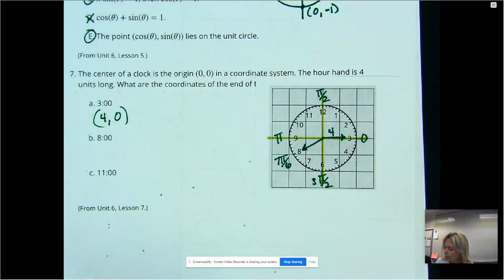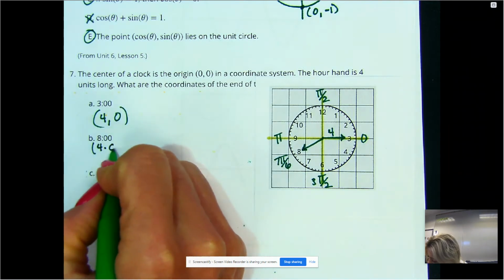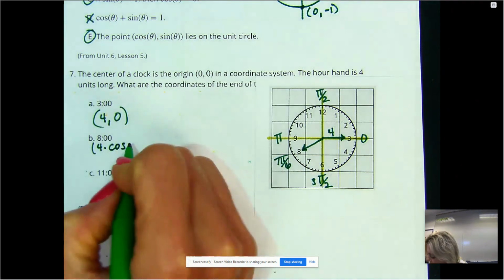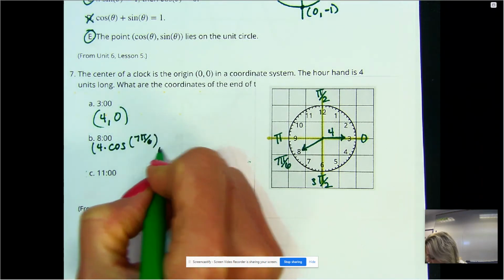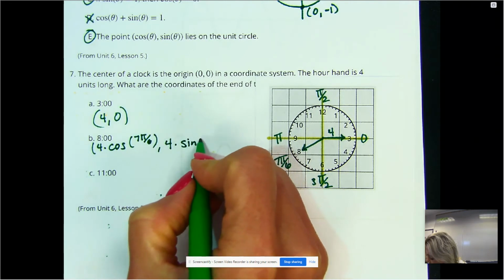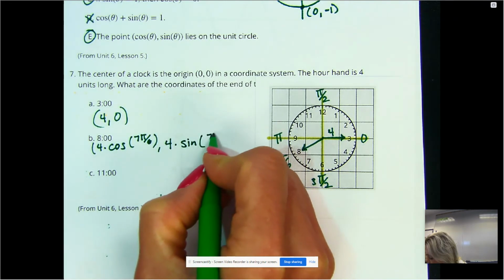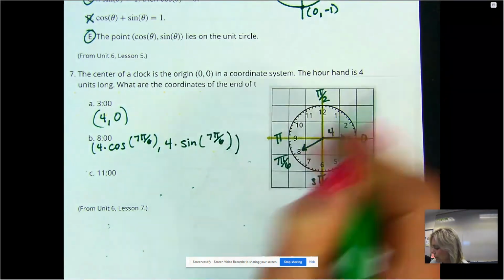So the exact coordinate would be 4 times the cosine of 7 pi over 6, 4 times the sine of 7 pi over 6. Okay, so those are exact coordinates.